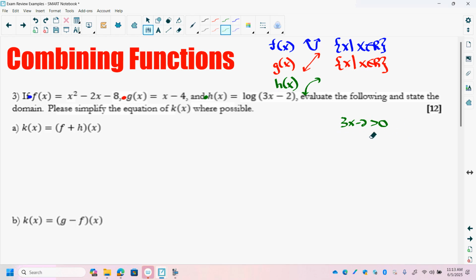And then we solve this inequality. How would you solve that? Add 2 to both sides or move the negative 2 over. How would I get it to say x? Divide each side by 3. I have x is greater than 2/3. If I divided by a negative, what would I have to do to the inequality?